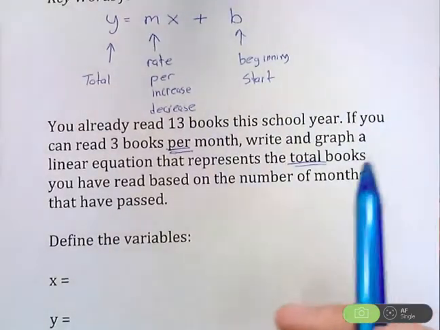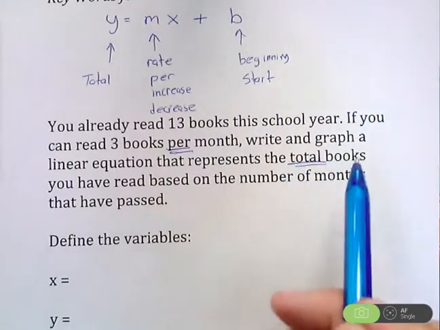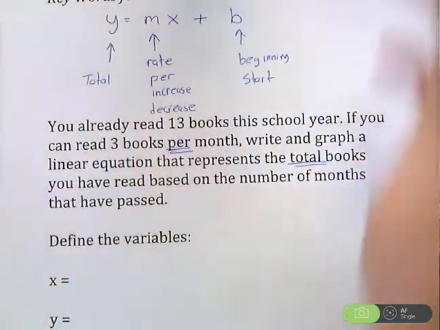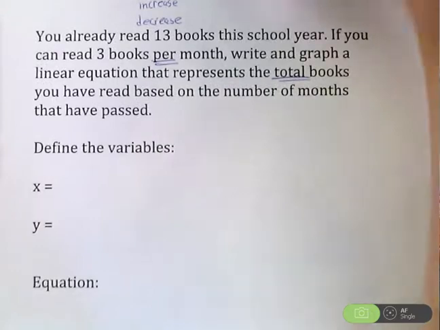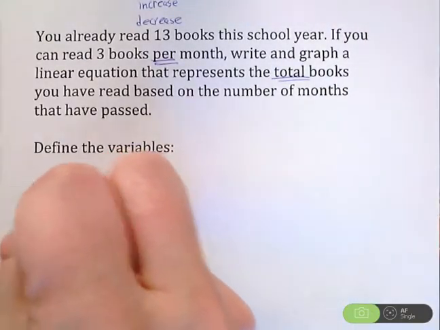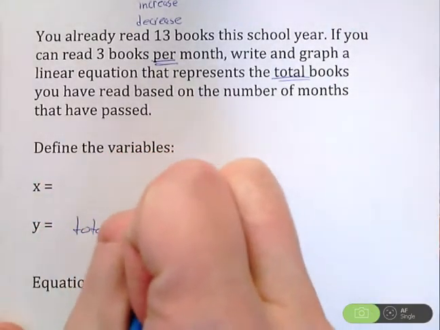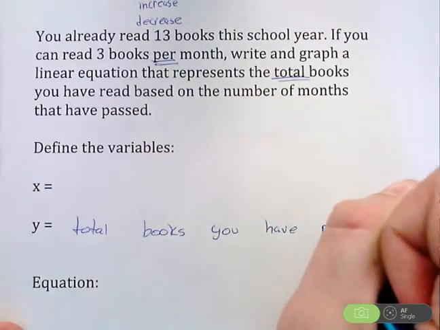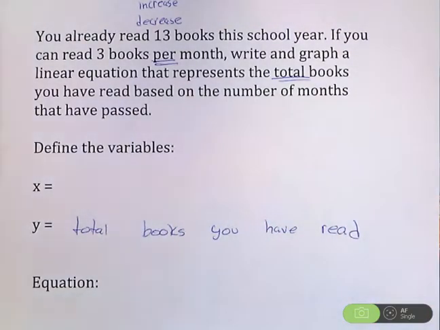So one thing I see is this total. It says total books you have read. Now remember, y has to do with totals. So when I'm defining my variables, I'm going to say y is total books you have read. So all I have to figure out is what's the other variable here?